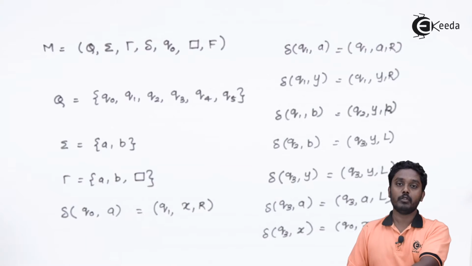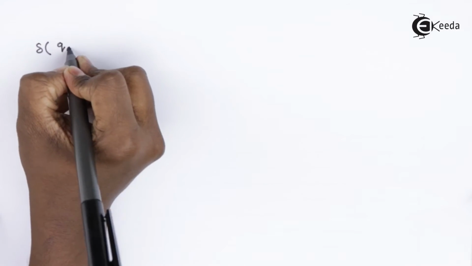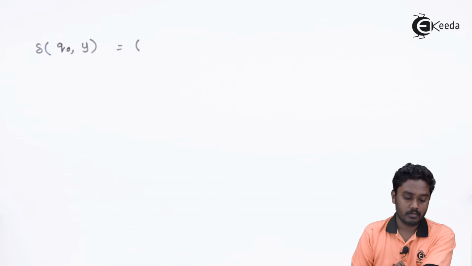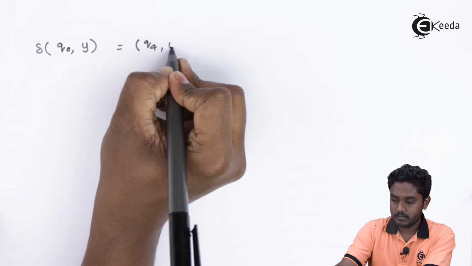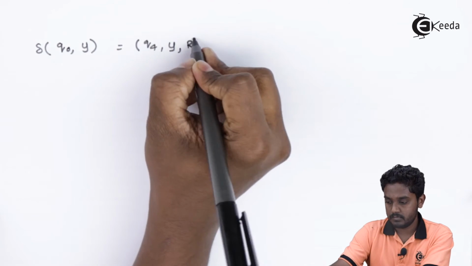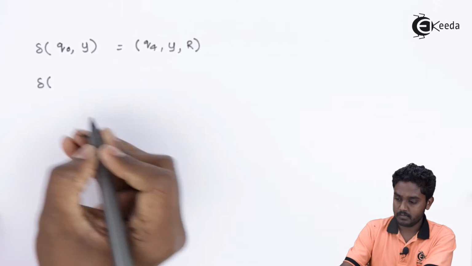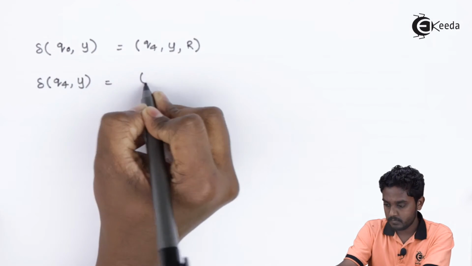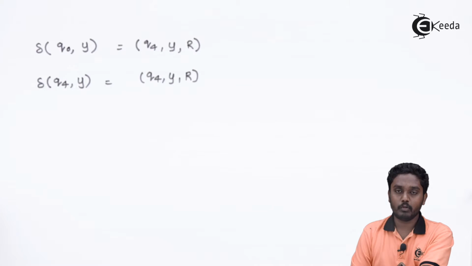Now we need to write the path for the final state. From Q0, if we get a Y, we go to the state Q4, keeping Y as it is and moving right. On Q4, we'll skip all incoming Y symbols. When we reach the blank symbol, we'll go to the final state.